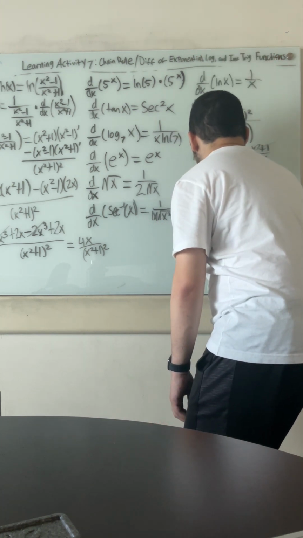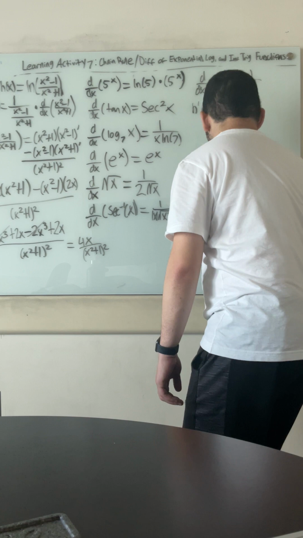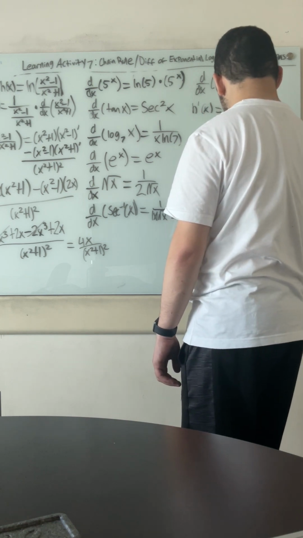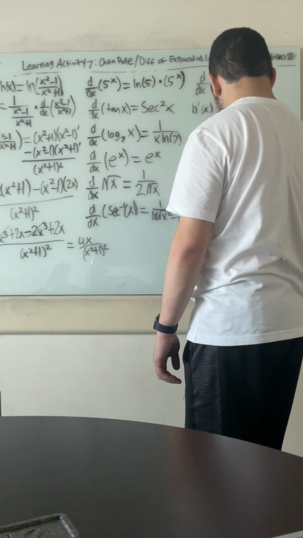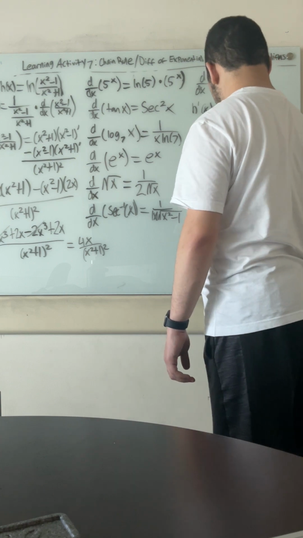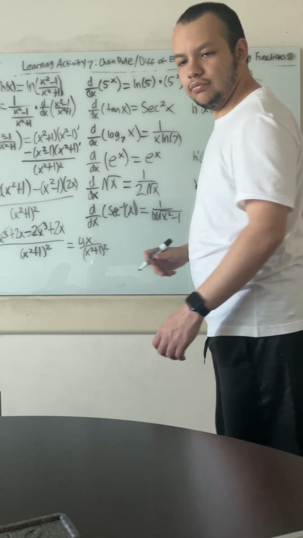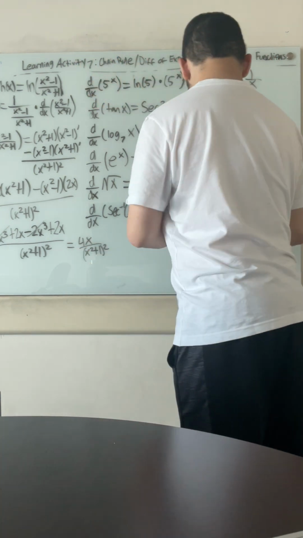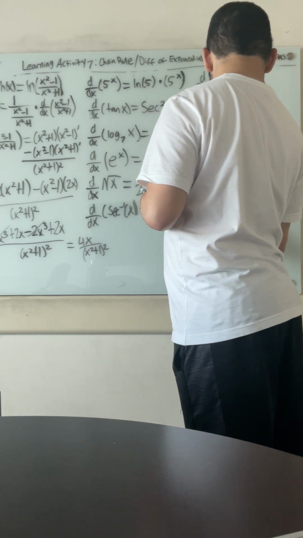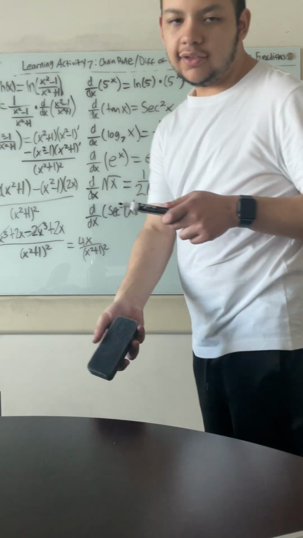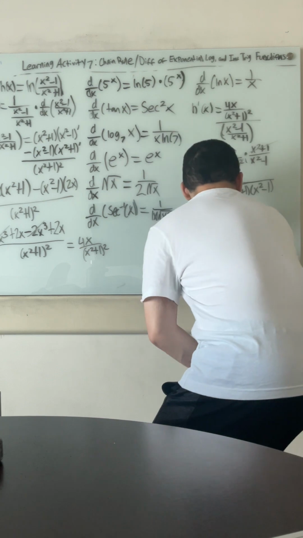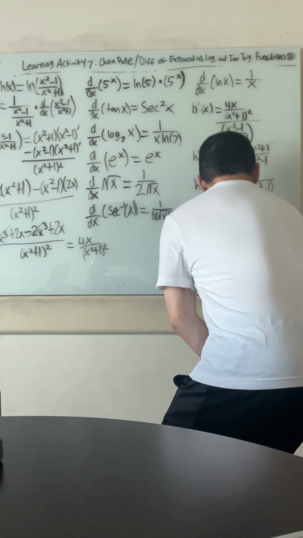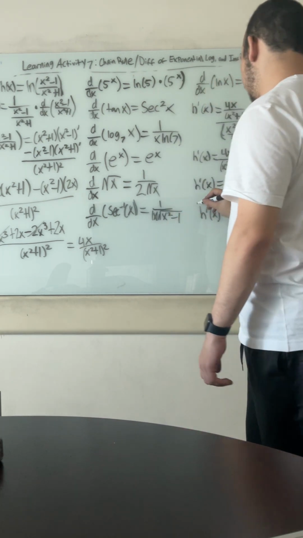So h prime of x is equal to 4x over x to the 4th minus 1. Wow, it came out terrible. So we have 4x over x to the 4th minus 1, and this is our final answer.